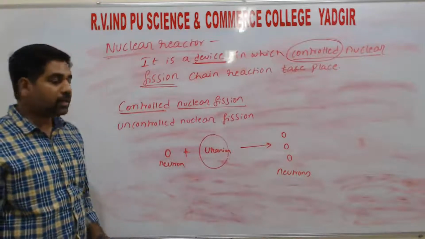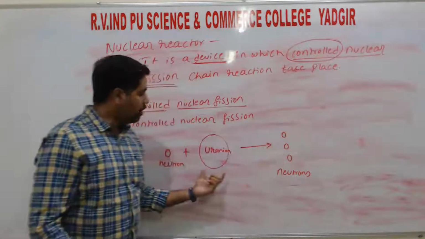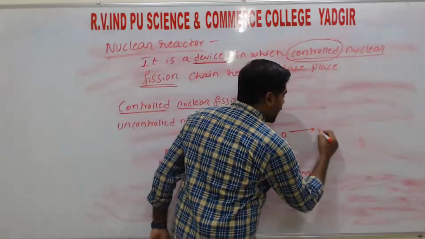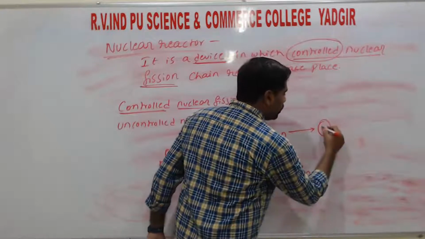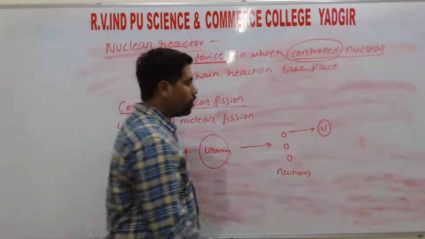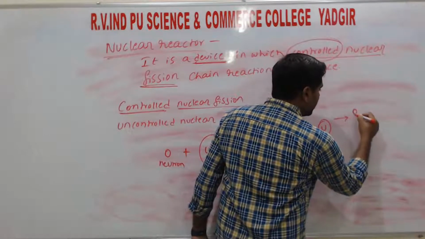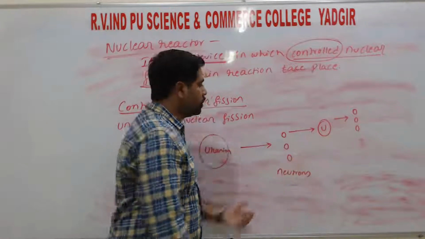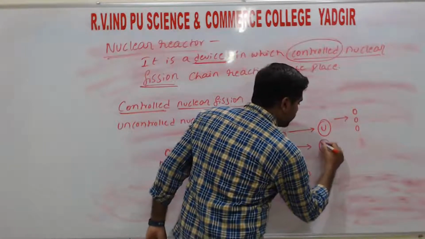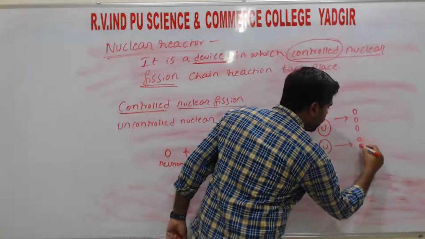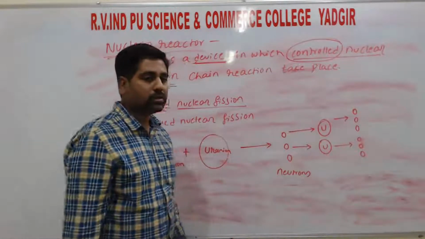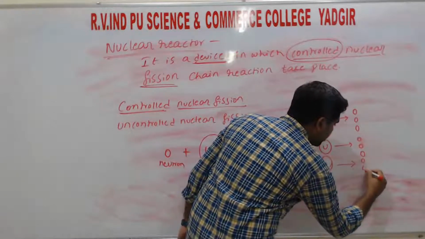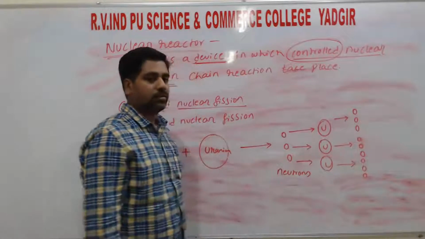Further, in the sample we have many nuclei, so again this neutron bombards the same uranium nucleus and once again it emits 3 neutrons. So this process is the chain process, right? Again this neutron bombards a uranium nucleus and we obtain 3 neutrons, and so on.